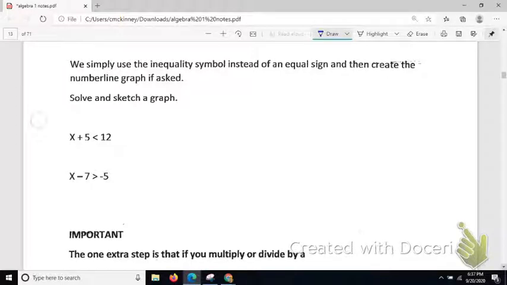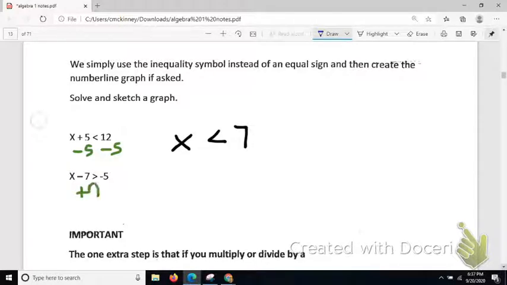So here, if I want to solve this first inequality, then I would subtract 5 on both sides. Then I would have x is less than 12 minus 5, which is 7. So that would be an open circle at 7 with shading off to the left.